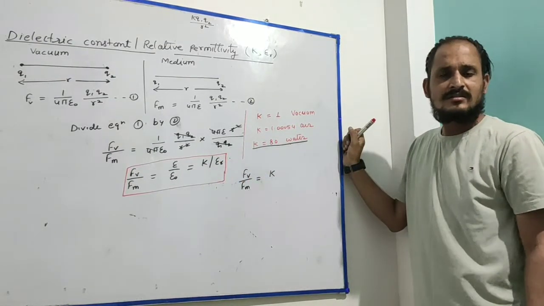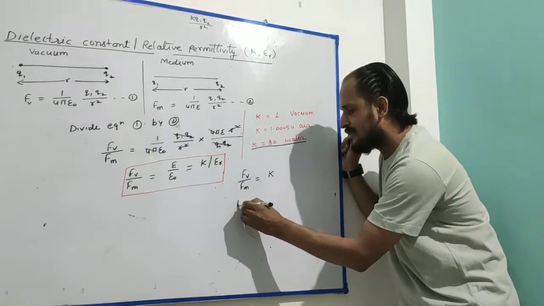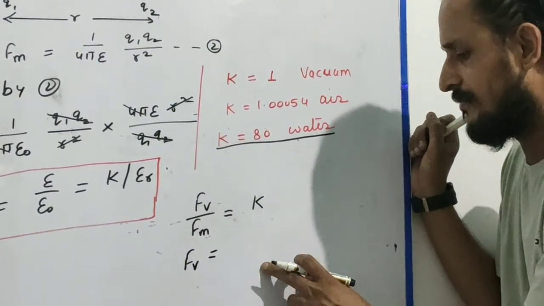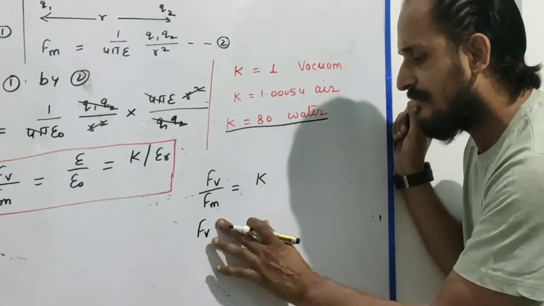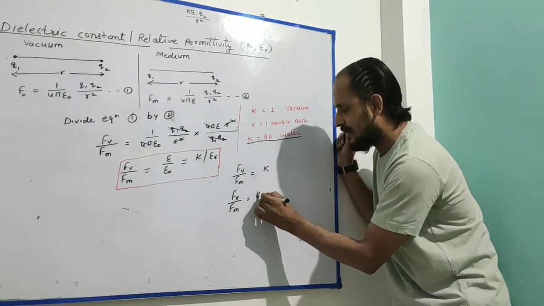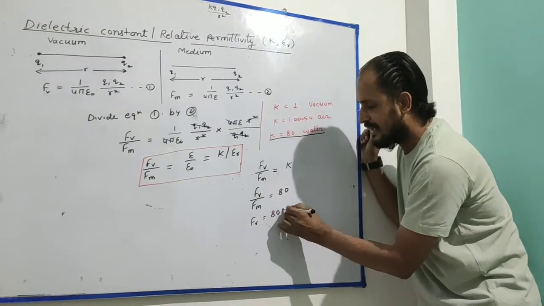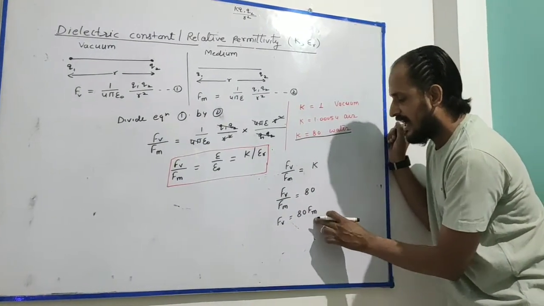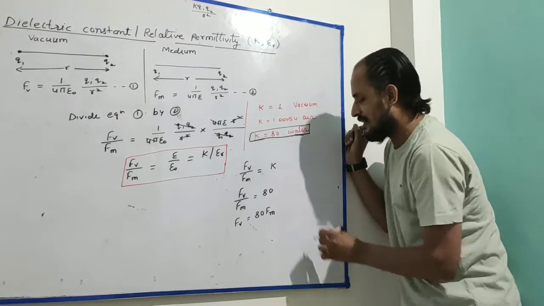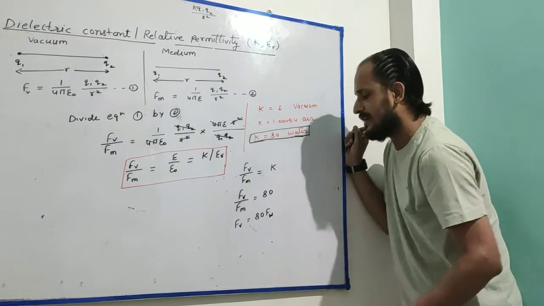Things are same. If we put this value 80 here, what information will we get? Fv upon Fm is equals to 80, or Fv is equals to 80 into Fm. Here the medium is water, so instead of M we can put W, water.